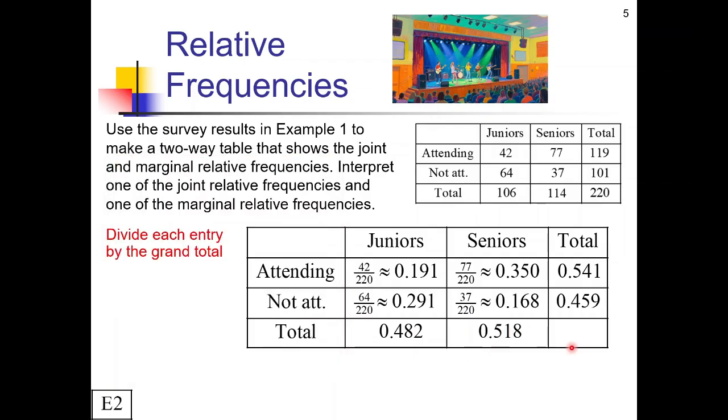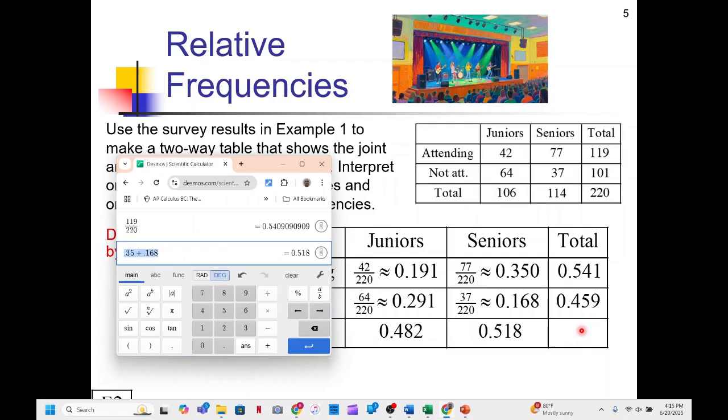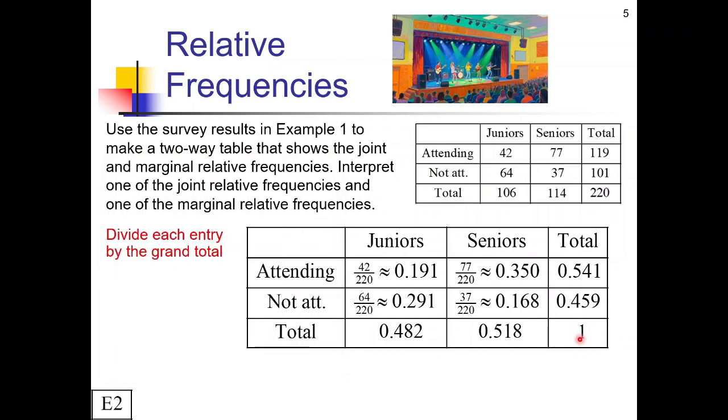And then finally, if you've done this correctly, this last thing, let me just show you here, 0.482 plus 0.518, that should add up to exactly 1. Because if you think about it, this is just 220 divided by 220, so you should get 1. Now, having said that, depending on how you round things off, you might get like 1.001 or 0.999, and that's fine as long as it's 1 or very close to 1.